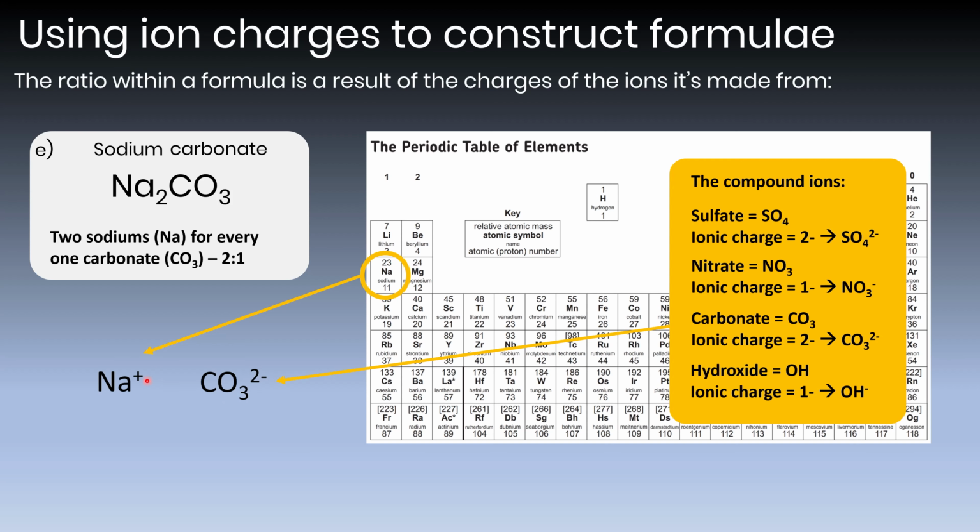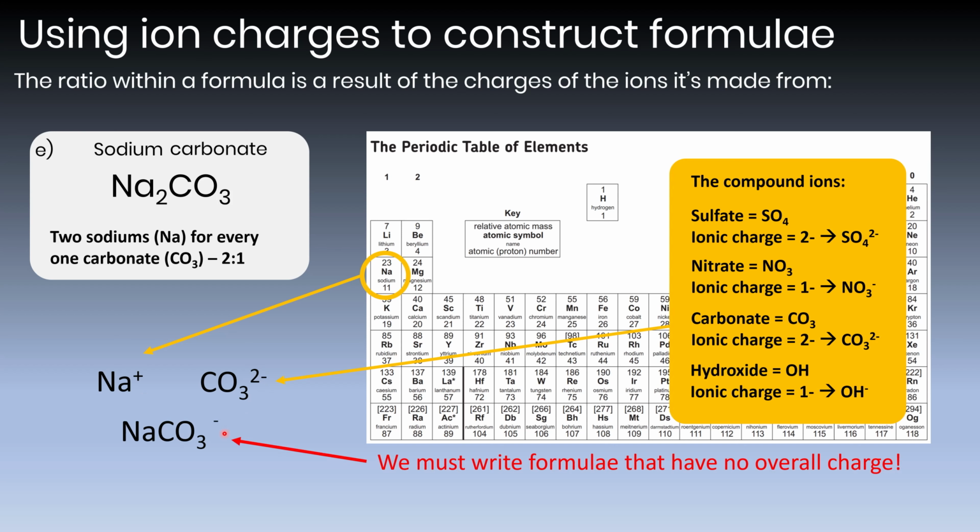You can see here I've only got 1 positive for every 2 negatives. So therefore, if I was to write the formula like this, NaCO3, then there'd be more negatives coming from the carbonate than positives coming from the sodium. So it'd have a 1- charge overall. This is wrong because we need to balance for charge. So therefore, I need 2 positives to cancel out the 2 negatives of the carbonate, so I'd end up with Na2CO3.